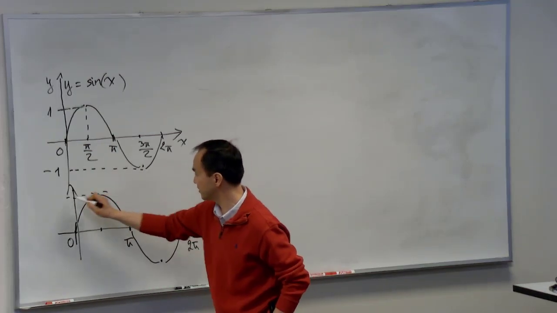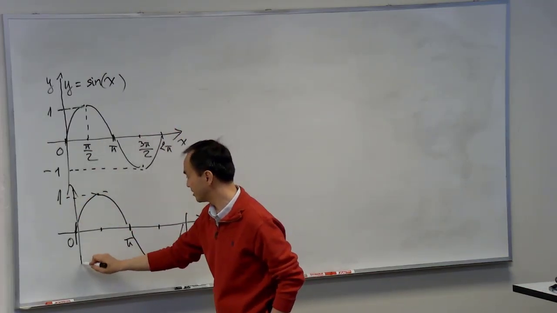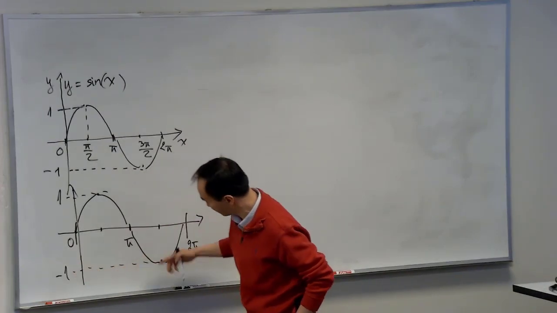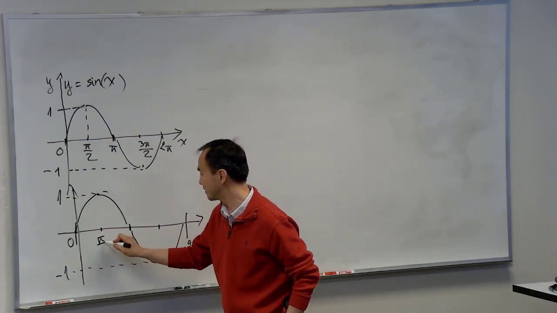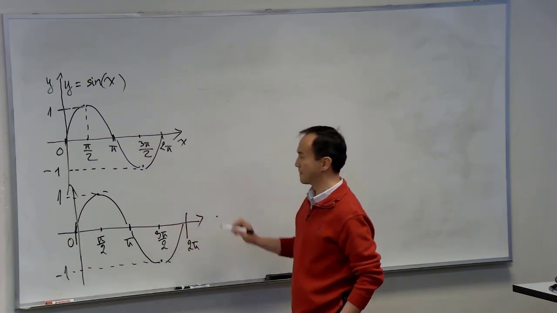How high it hits, that's the amplitude. It hits 1, because that's the sine function. I'm talking about how we train ourselves to draw the basic shape, and it hits down at its lowest, -1. And there's pi over 2 and 3 pi over 2. Sounds good?